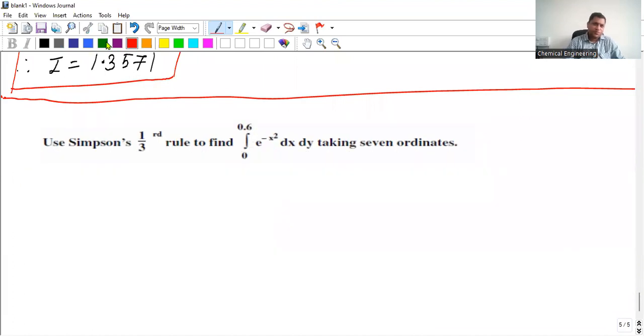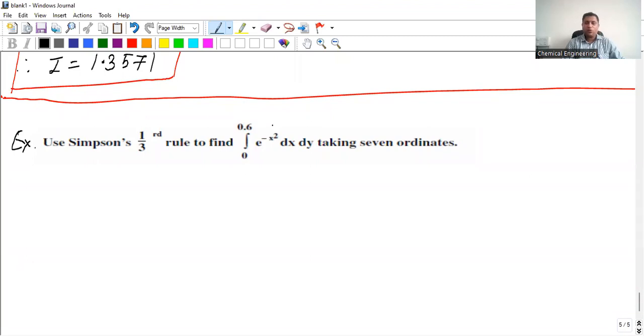Are you able to see this? Okay, so we have to use Simpson's 1/3 rule to find this integral by taking 7 ordinates. 7 ordinates means we have to take 7 values here from 0 to 0.6.